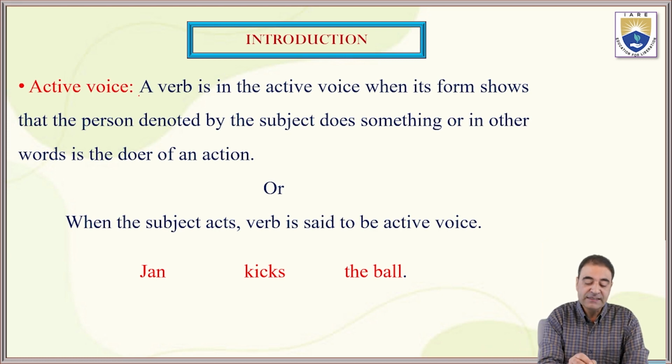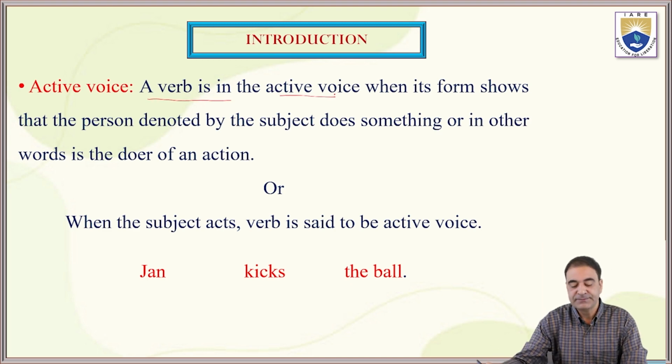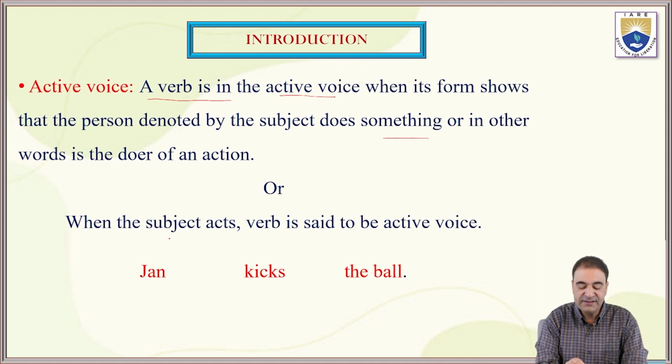The first one is the active voice. A verb is in the active voice when its form shows that the person denoted by the subject does something, or in other words, is the doer of an action. Or you can say, when the subject acts, the verb is said to be in active voice. Why do we call it active voice?